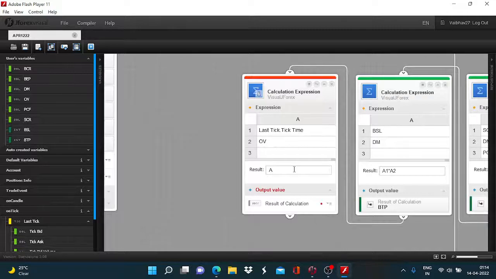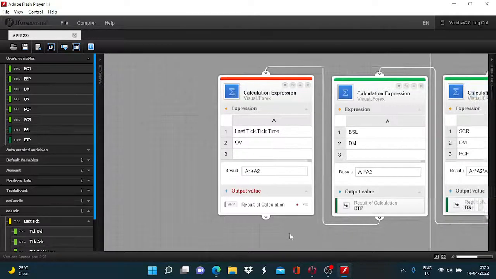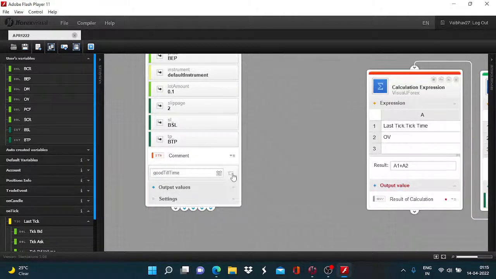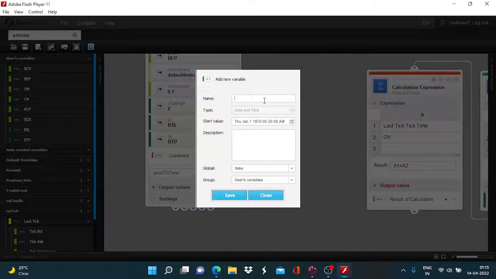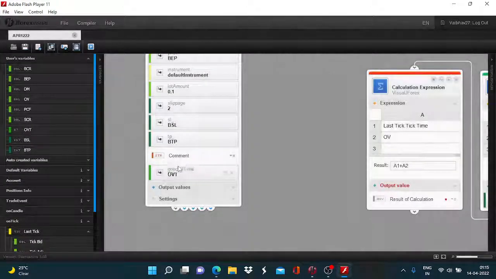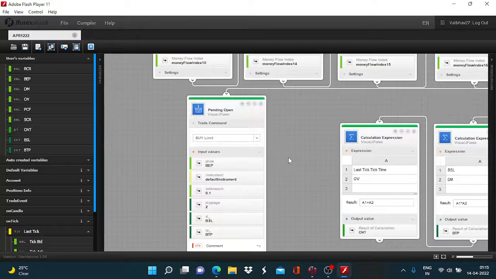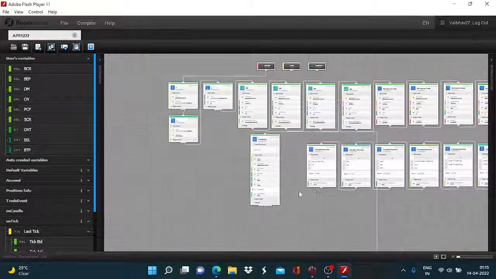So this will be A1 plus A2 and I will create the variable here to make sure data type is as per the requirement, that is long, and assign that variable to this calculation expression block. Okay, so with this we have defined all the required parameters for this trade command block.